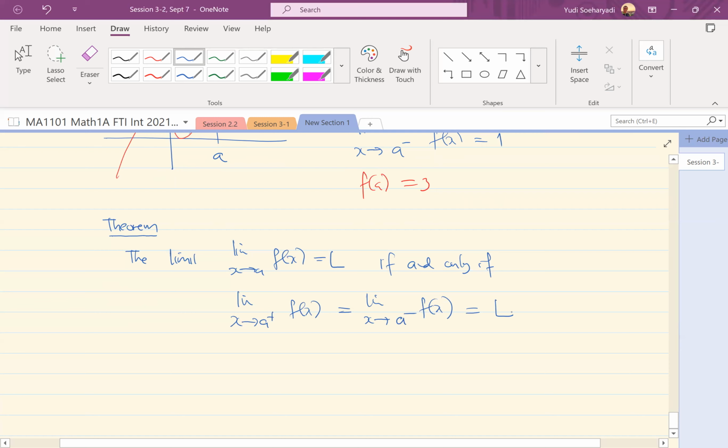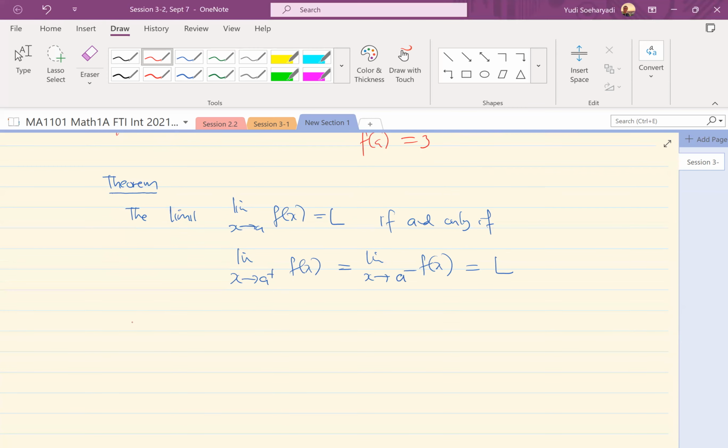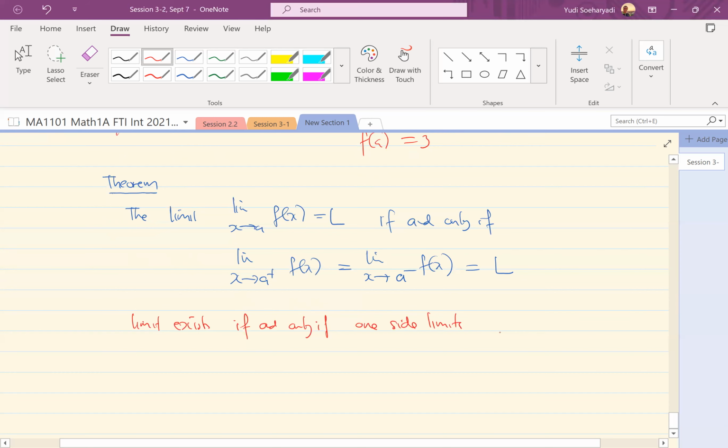Okay, so let's say that the limit exists if one-sided limits agree. Limit exists if and only if one-sided limits agree. Okay.